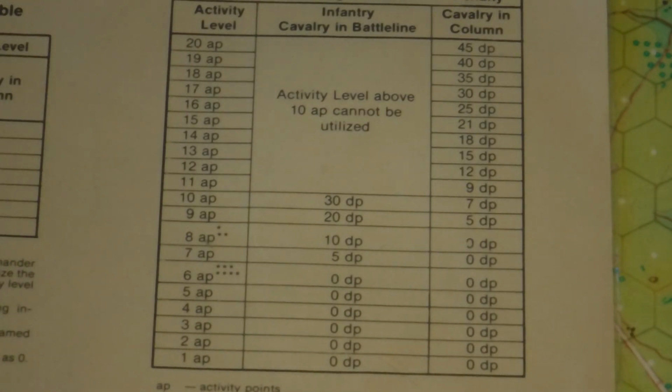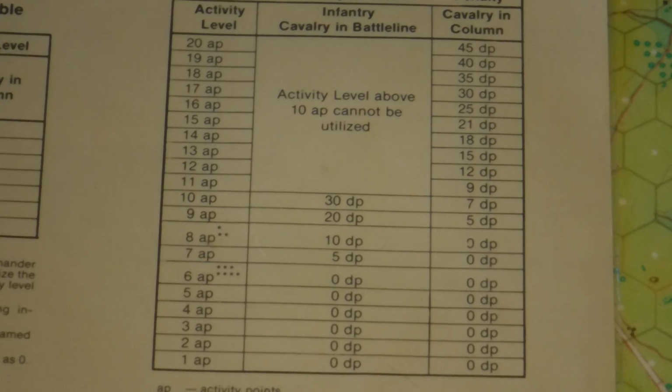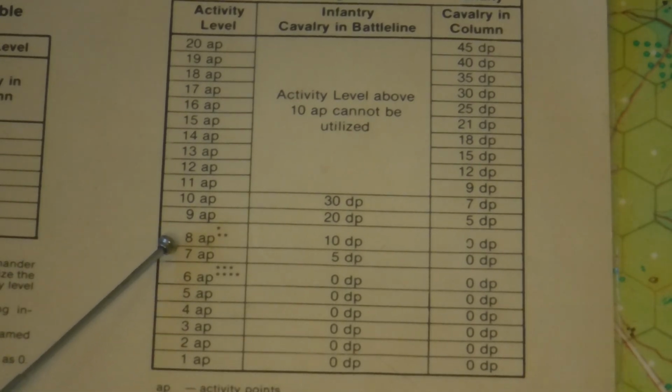Okay, now since Heath is the primary commander, you will check below here on the activity capability chart, and you will find an asterisk, and it says fixed, meaning it defaults, fixed activity level for commanders. Therefore, I find that one asterisk, and it's 8 activity points. It is a fixed rate for a primary commander.